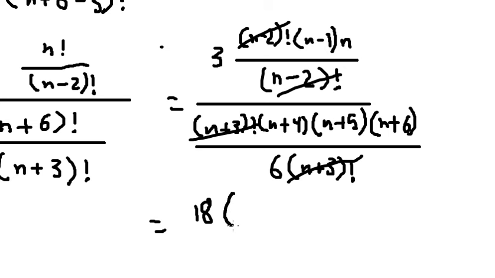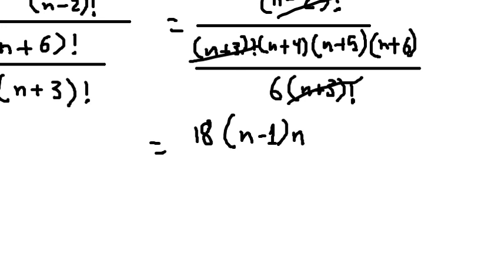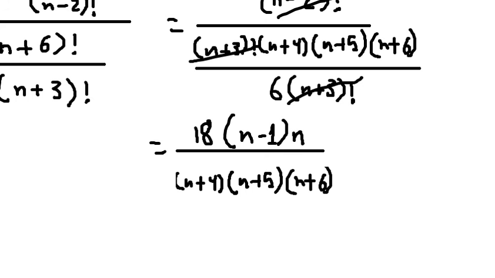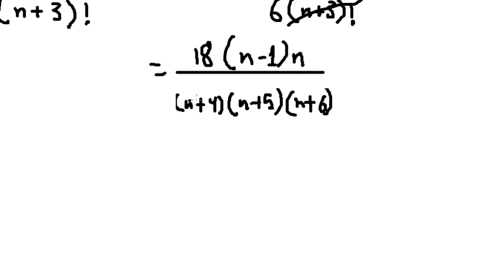And now we just have (n minus 1) n over this one in here. After we simplify everything, we need to expand on numerator and denominator.